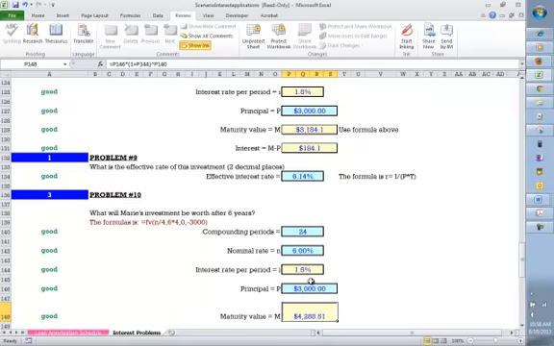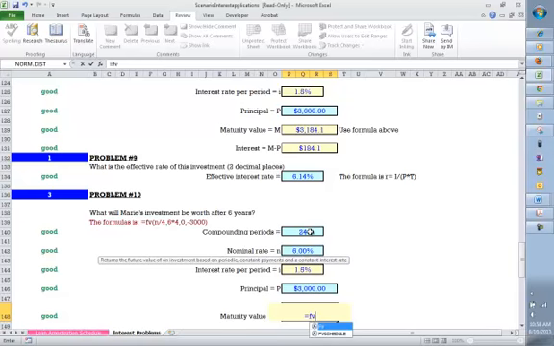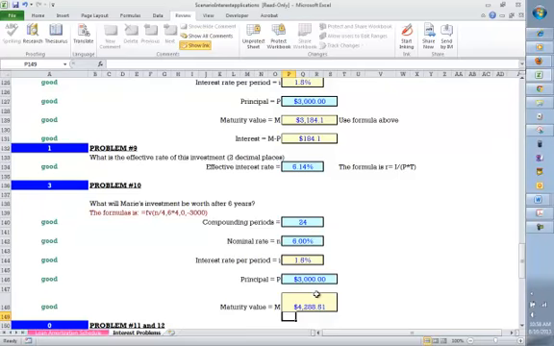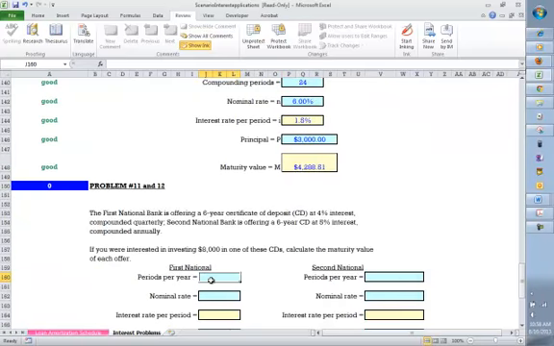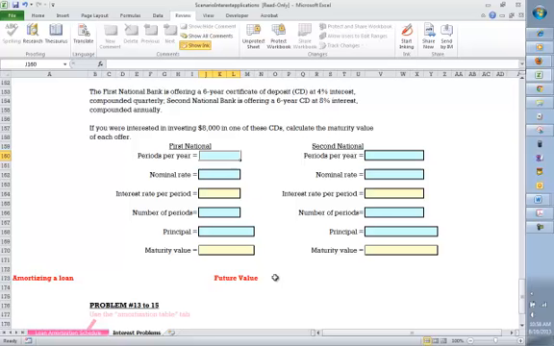So the maturity value will be future value of the rate times the number of periods, and there's no payment, and the present value is negative this, and we get $4,288.51.